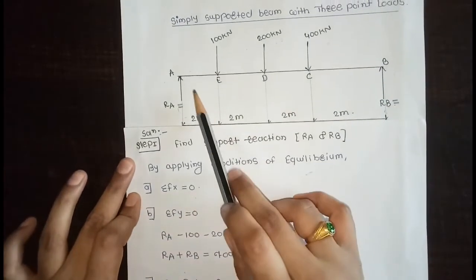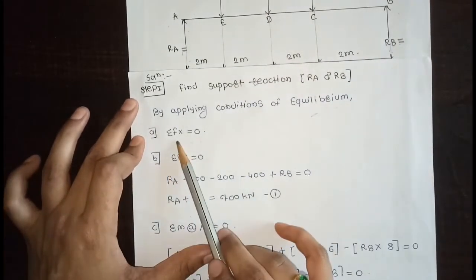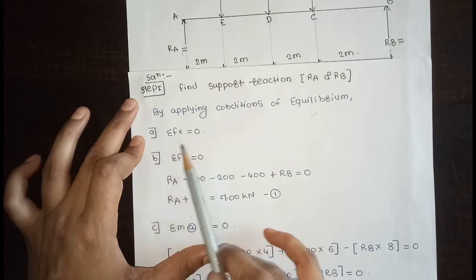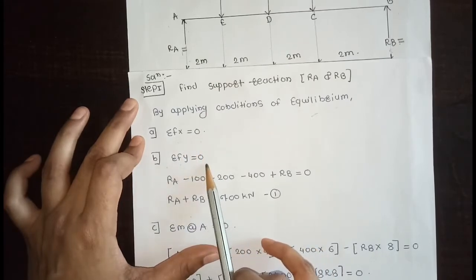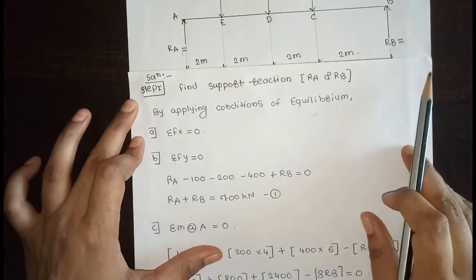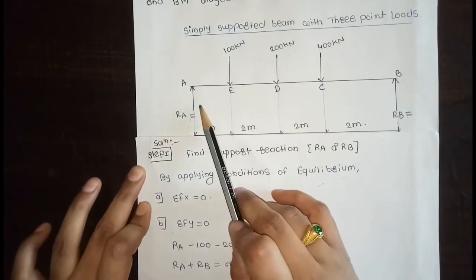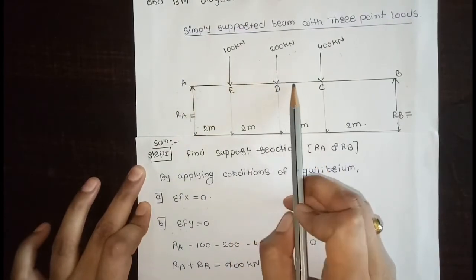In this diagram there is no horizontal force, therefore summation Fx = 0. Then the second condition, summation Fy = 0: the algebraic sum of all y components is equal to 0. Upward force is taken as positive and downward force as negative.